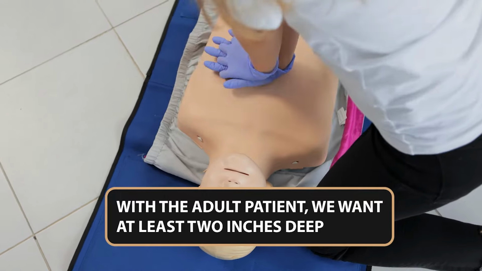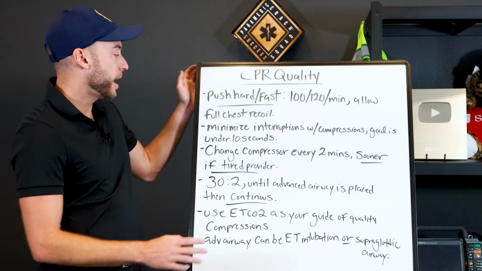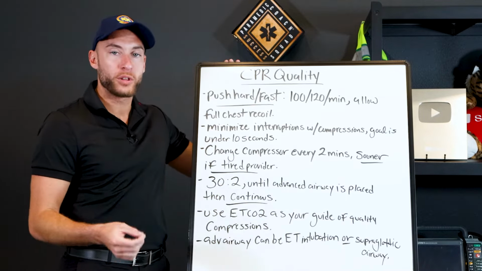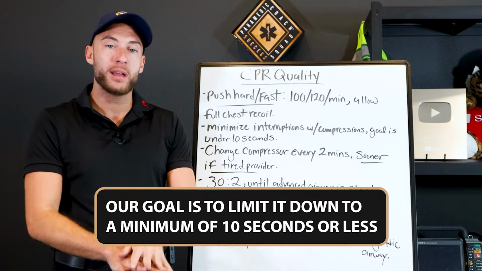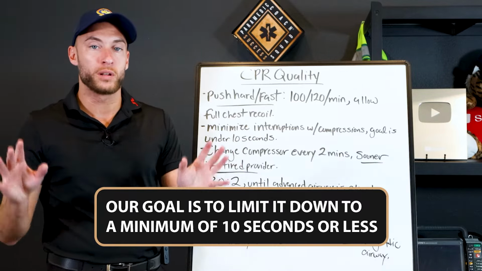That is our goal, at least a minimum for CPR quality, all right? Now, we also want to minimize interruptions with compressions. I've talked about that before in this video. Our goal is to limit it down to a minimum of 10 seconds or less.